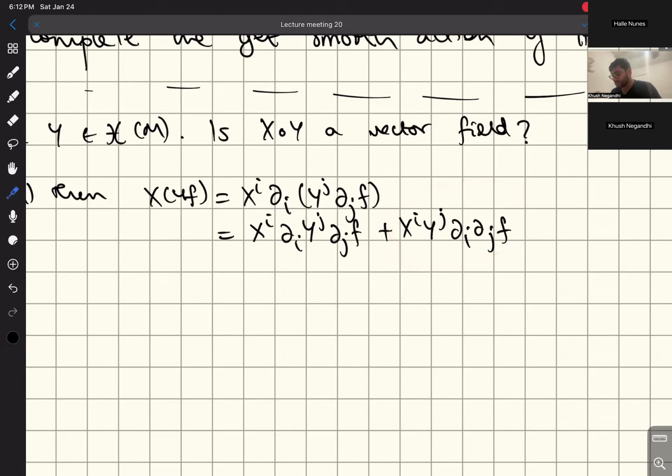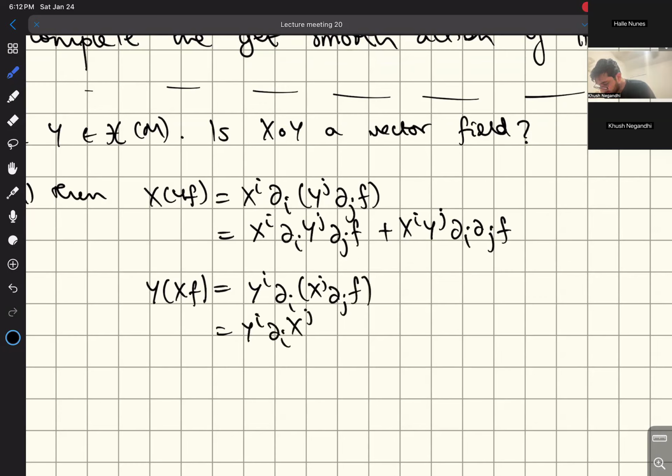We can also see, using the fact that these partial derivatives commute for smooth functions, that if I flip them, so if I look at Y compose X applied to f, I get the exact same second order term. Let me just write this down quickly: Y^i partial_i (X^j partial_j f) gives Y^i (partial_i X^j) partial_j f plus X^j Y^i partial_i partial_j f.